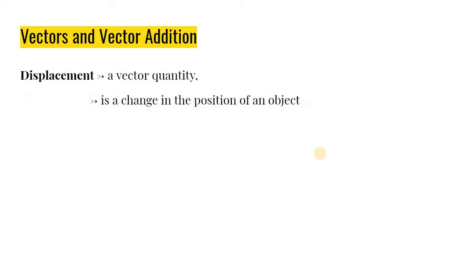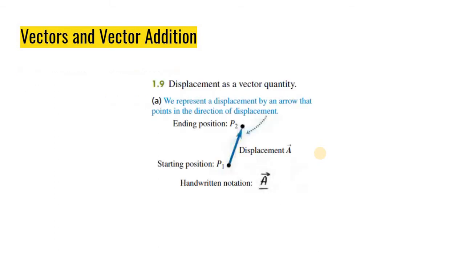Displacement is also a vector quantity. It is a change in the position of an object. So let's look at the figure here. Displacement as a vector quantity is represented by an arrow that points in the direction of the displacement. It says here P1, this black point, the starting position.